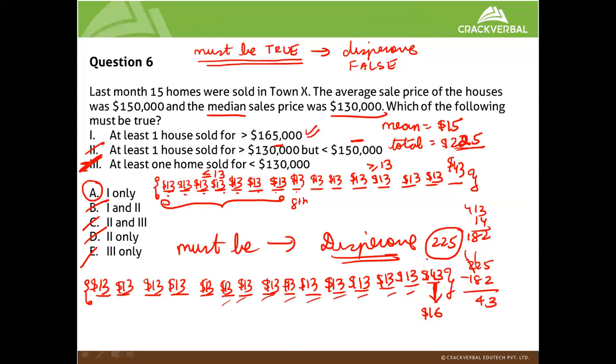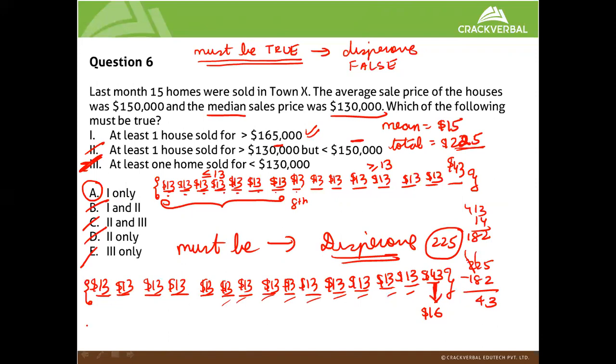Either I increase one price by 27 or I distribute it as 1, 1, 1 and so on with the other houses, because I always have to keep a constant of 225 as the total price of all the houses. So clearly, even this scenario that I've taken will not be able to disprove the first statement.